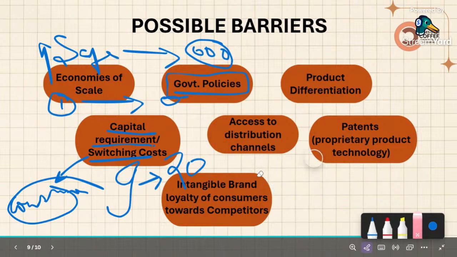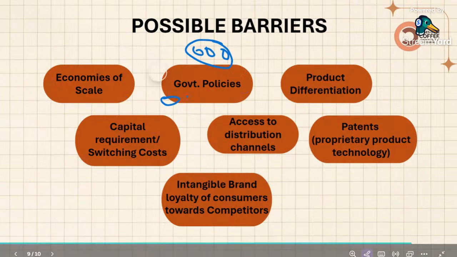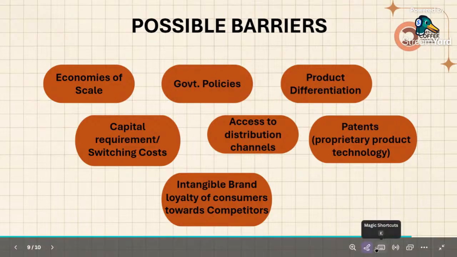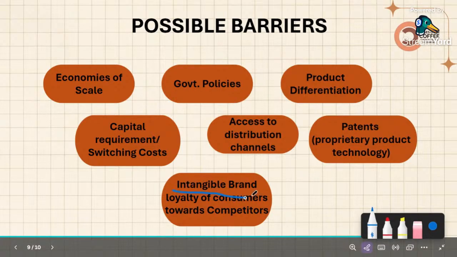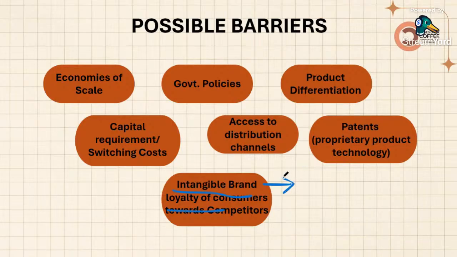Moving forward to the intangible brand and the loyalty towards the competitors. In the premium segment, I would say consumers are very loyal to some brands and specific products. In this scenario, they won't switch to others because of their loyalty.